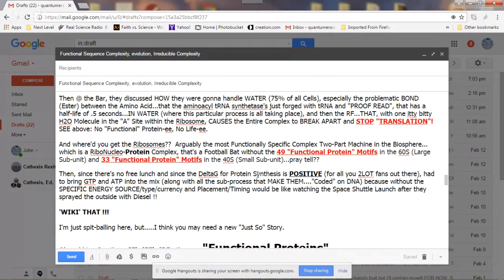See above, no functional proteiny, no lifey.